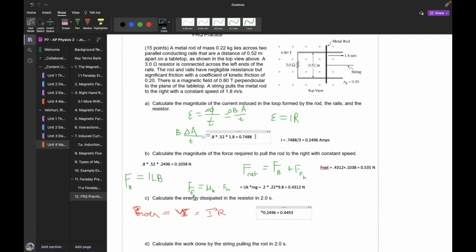Induced EMF is this. This is the power. So in 2 seconds, we have to multiply it by time to get the energy dissipated. Yeah, this will be in joules.